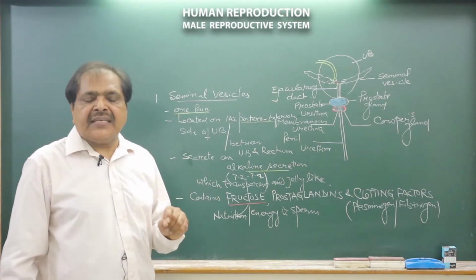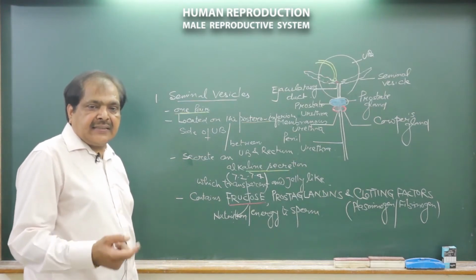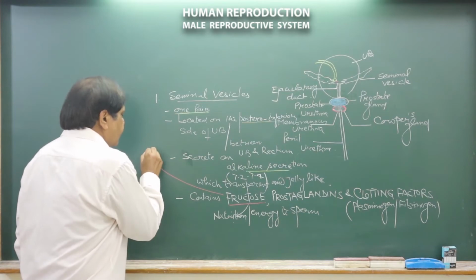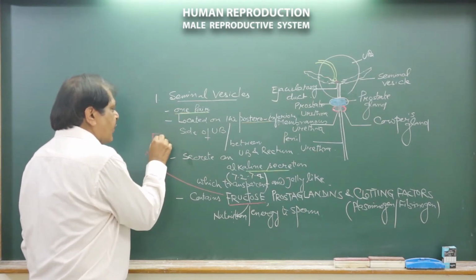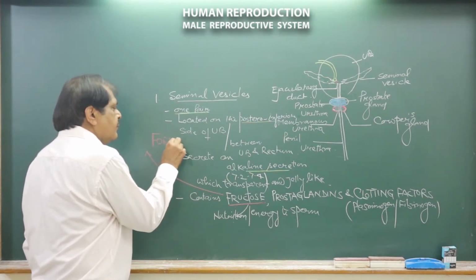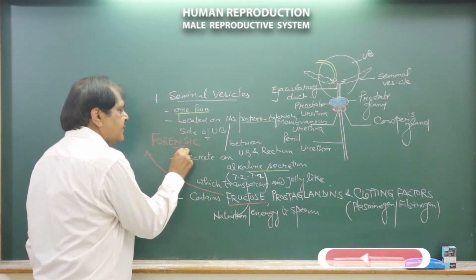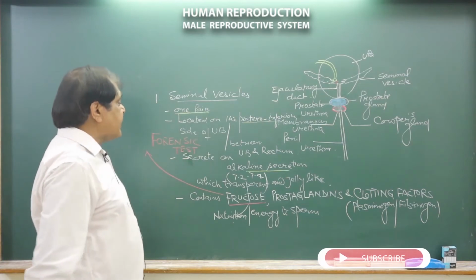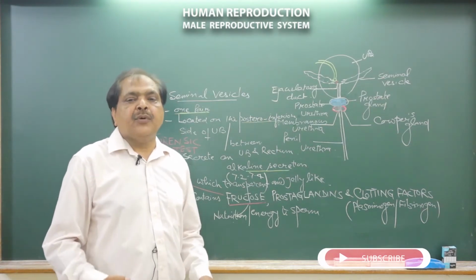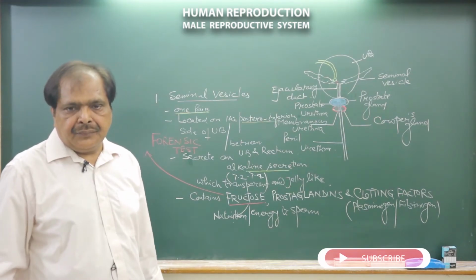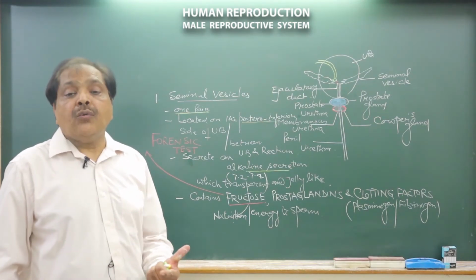Therefore, fructose is also used as forensic test. What is forensic test? These are the legal proceedings. Suppose a woman has been raped, then how will we confirm the rape?